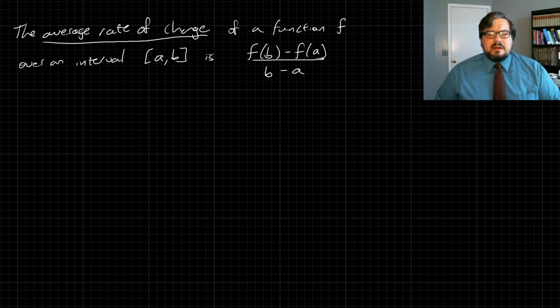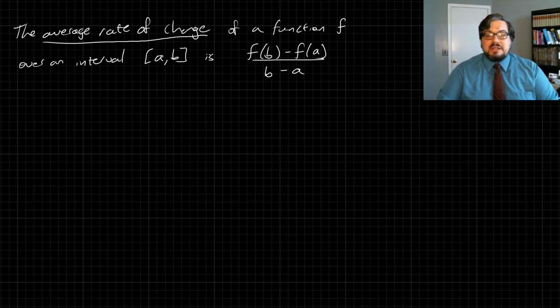And let's see what's going on here. So the idea here is that we've got some function f, and we could plug lots of different numbers into it. And in particular, we could plug in two numbers a and b and ask, how much does the function change over this interval?